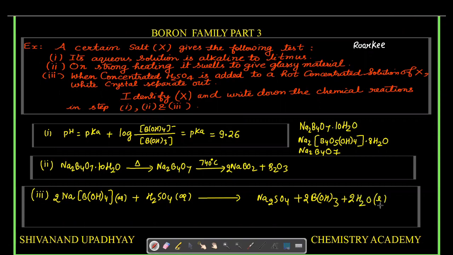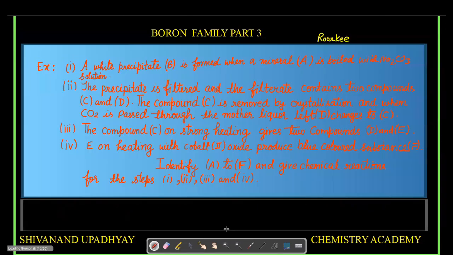This is a logical way to explain that. Already 2 boric acid molecules are there, because here it is borax. If I combine these two, this is borax, but boric acid is not reacting. So finally in the solution, there are 4 molecules of boric acid, corresponding to 1 molecule of borax on reacting with strong acid. So these are the reactions taking place.